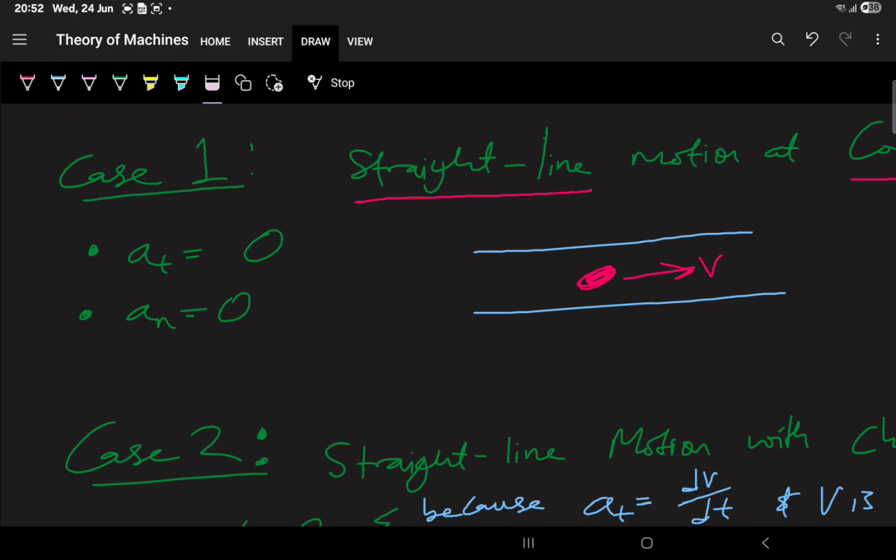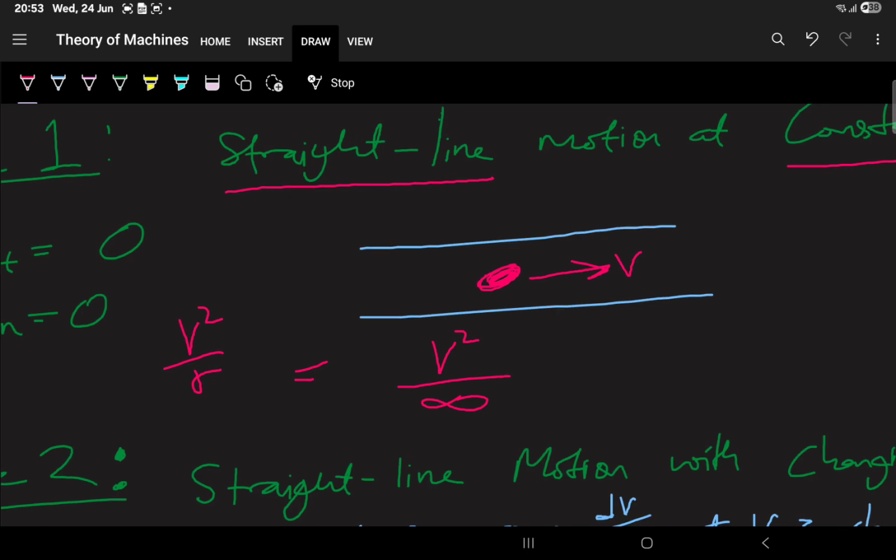So basically, an is given as v square over r. Now our r is infinite. Now anything over infinity is 0. So that is 0.